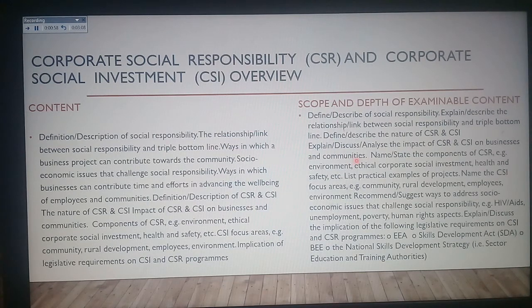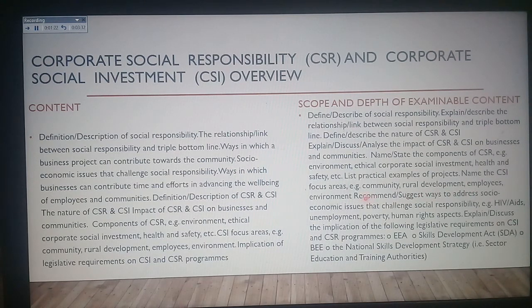Furthermore, you will name or state a component of CSR, for example the environment, ethical, corporate social investment, health, and safety. List practical examples of projects. You will name the CSI focal areas, namely community, rural development, employees, environment.